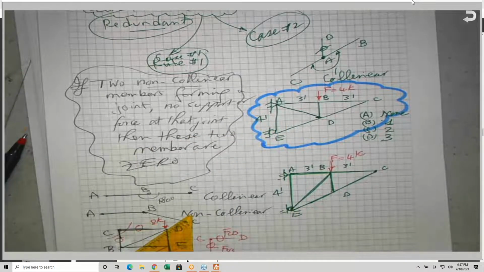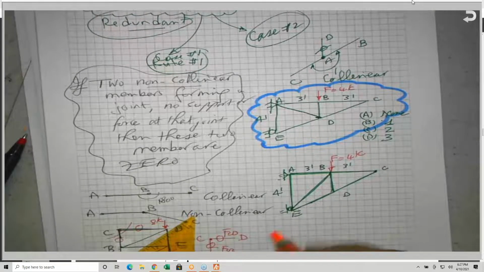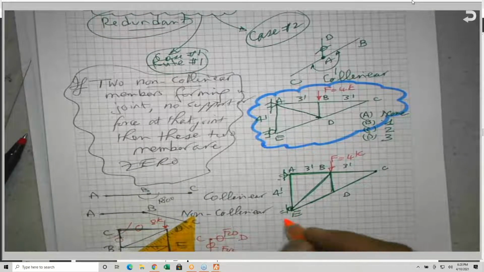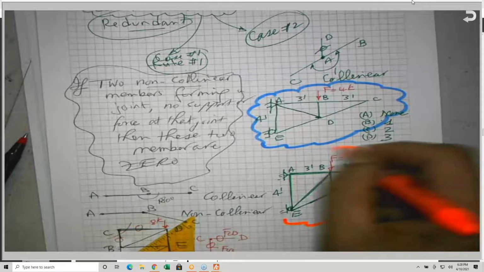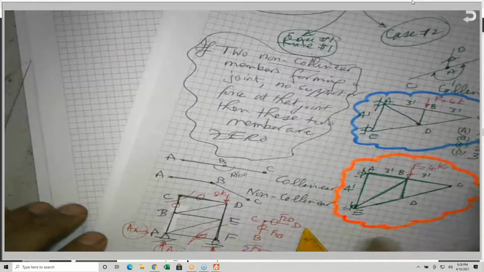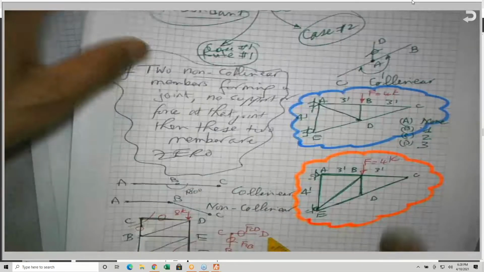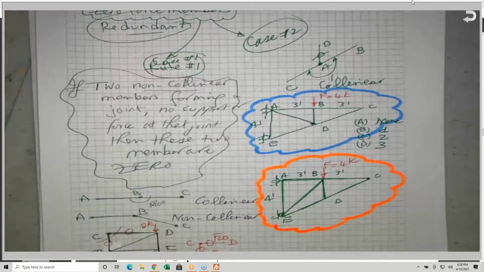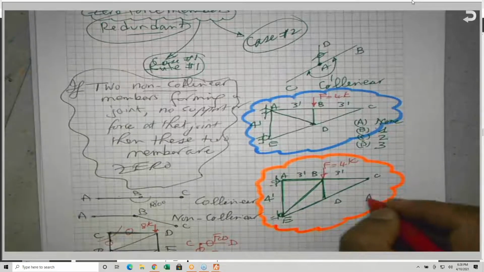So this one here is another example. For this one, how many zero force members are in this truss number 2? Answer A, none.